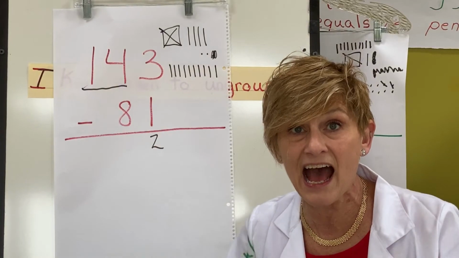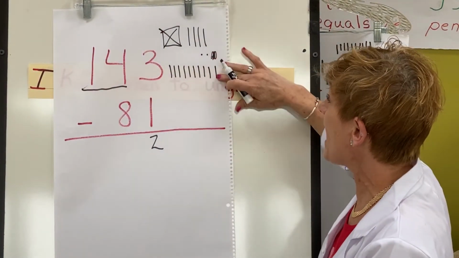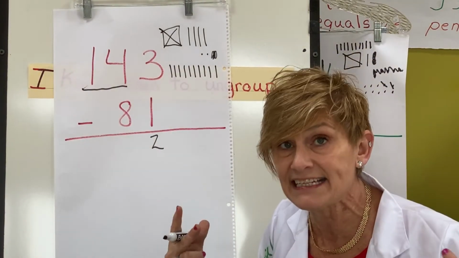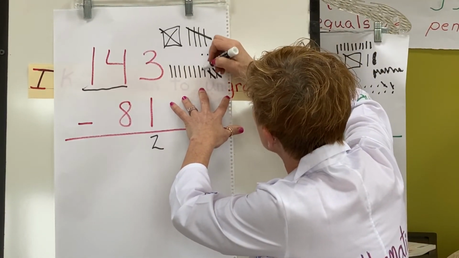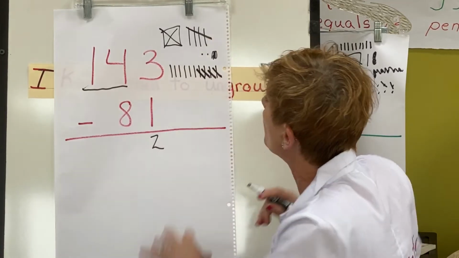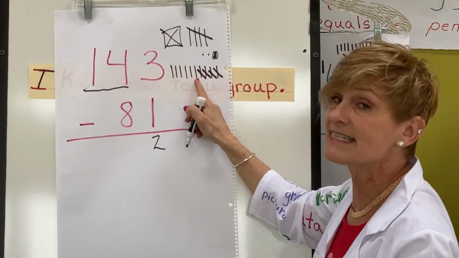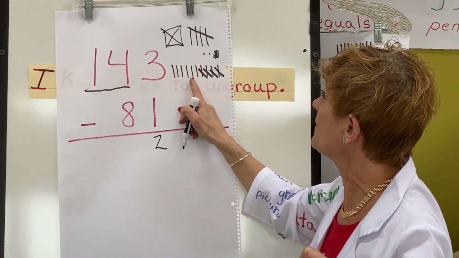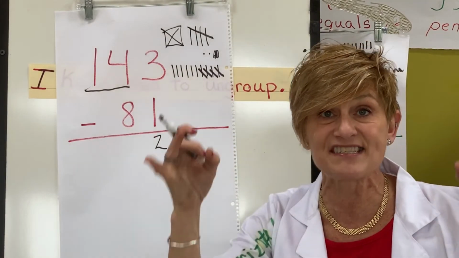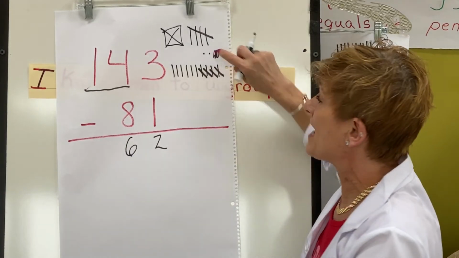I really have 14 tens. 14 tens take away 8 tens. 4, 5, 6, 7, 8. What am I left with? 1, 2, 3, 4, 5, 6 tens. 10, 20, 30, 40, 50, 60. I'm left with 60 and that 2.